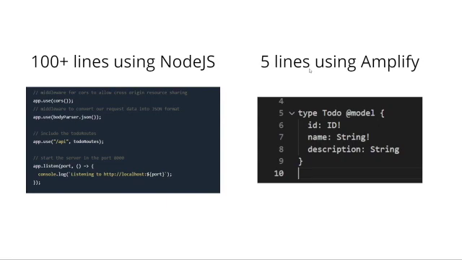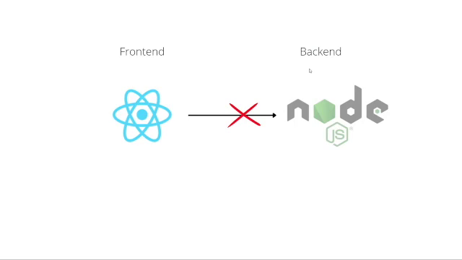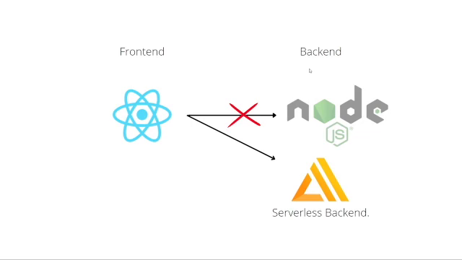So here's the deal. We'll create the frontend for our app using React. You can choose whatever framework you want, but I would still recommend learning React. And for the backend, we'll no longer be using Node.js or Django or any other traditional framework. Instead, we'll use Amplify for that.